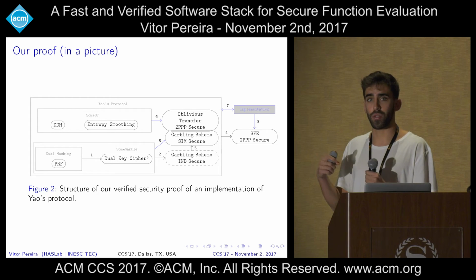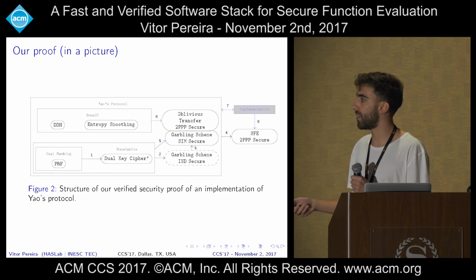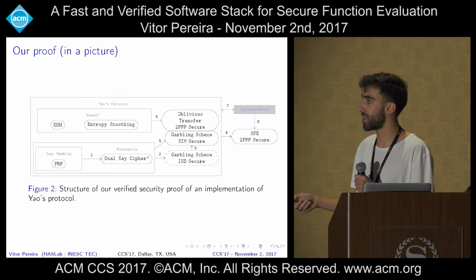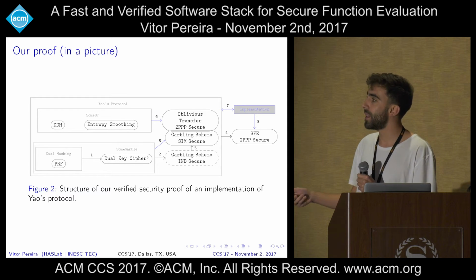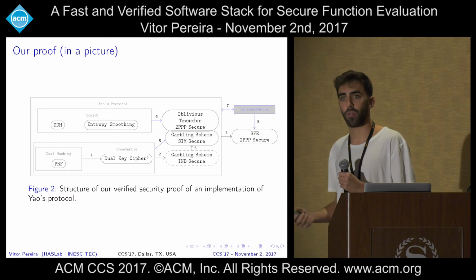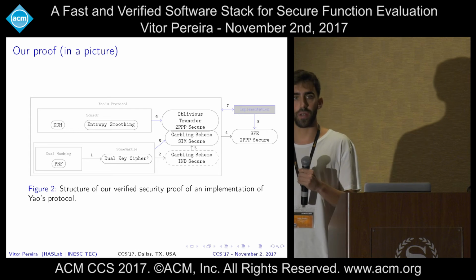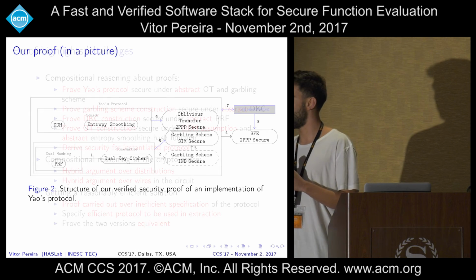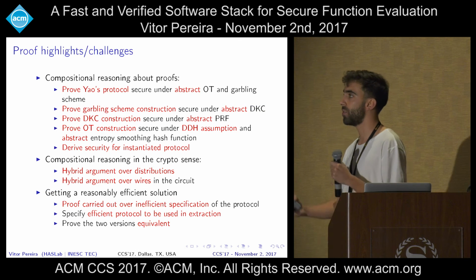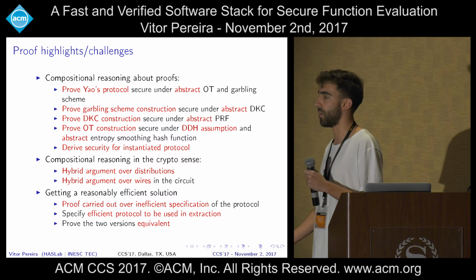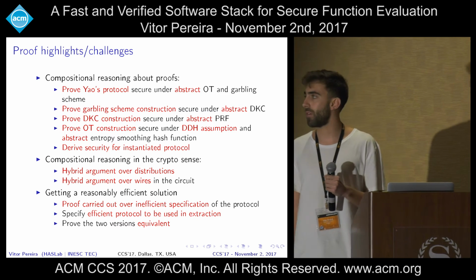Then, using the result from Bellare, we proved that the garbling scheme, being IND-secure, was actually also SIM-secure. Then, combining these two concrete definitions of the primitives, we came up with an implementation of a secure function evaluation protocol. Here are some proof highlights and challenges that will help you understand better how the proof was carried out.